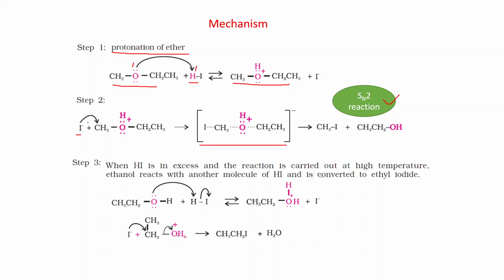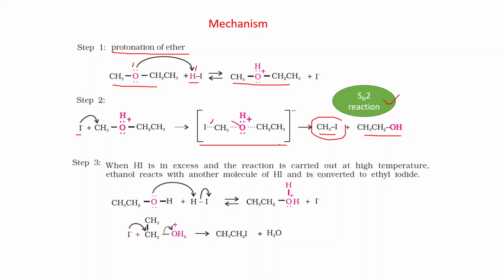In this case this I minus is making a bond with this CH3 and this CH3 is going away from this oxygen, and finally you will get CH3I and CH3CH2OH. So again remember, if a primary alkyl group is there in the ether, I will go to the primary alkyl, and this will result in the formation of alkyl iodide.